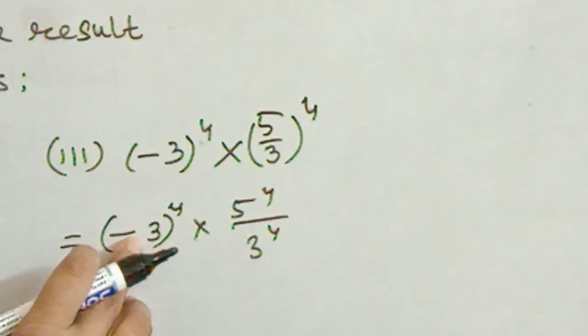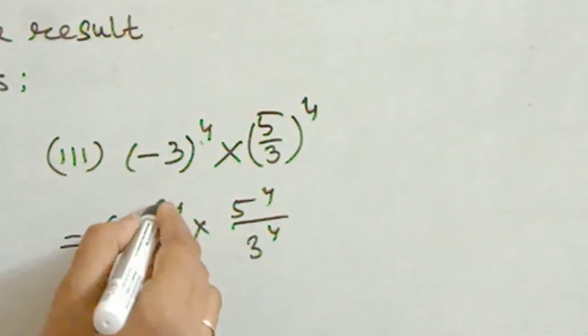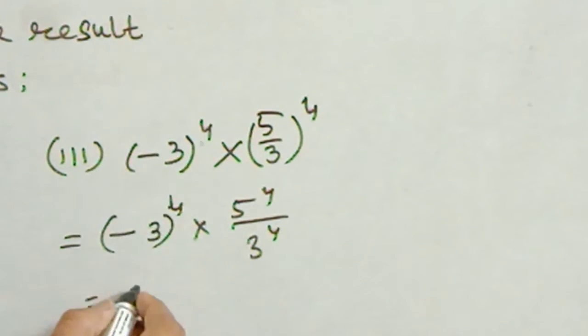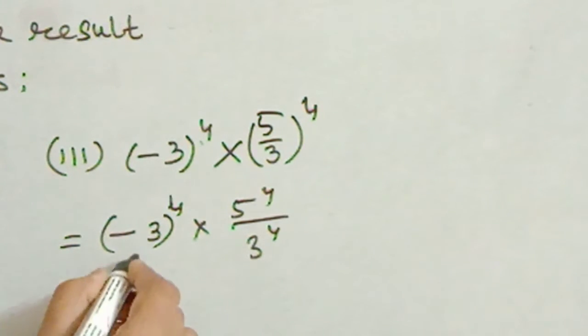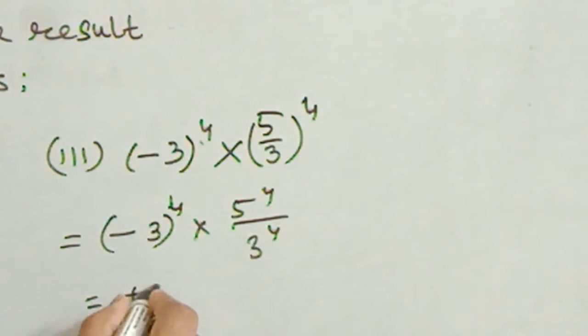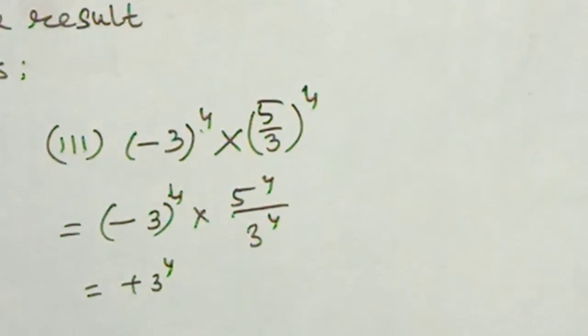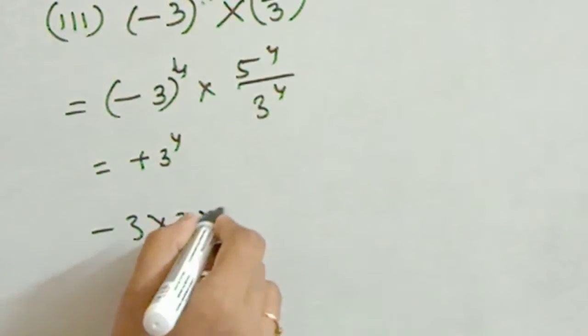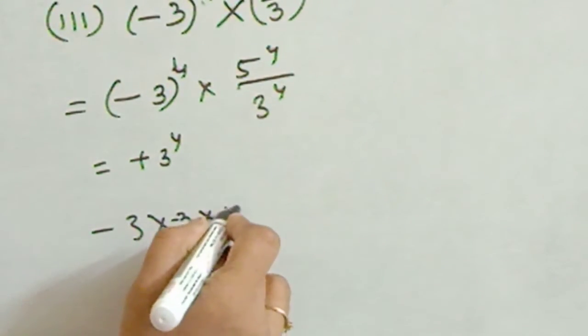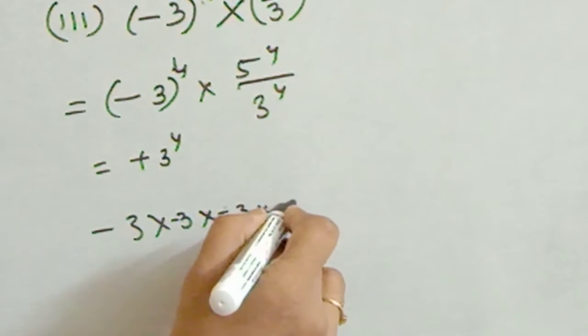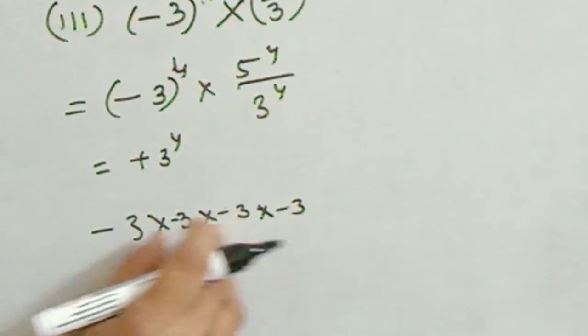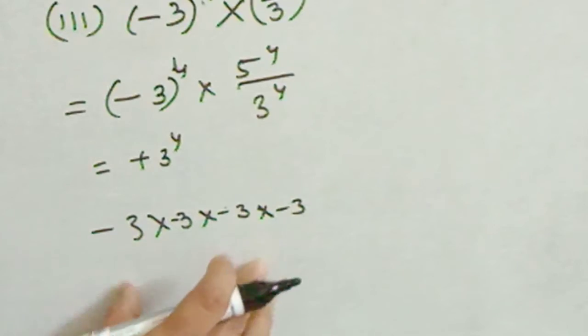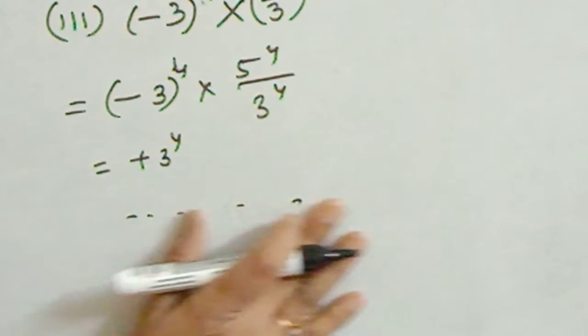As the power is even, (-3) to the power 4 will become plus 3 to the power 4, because minus 3 will be multiplied 4 times. Minus minus plus and minus minus plus, then again finally plus.